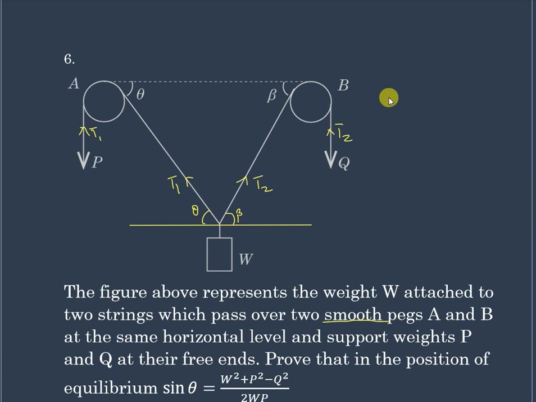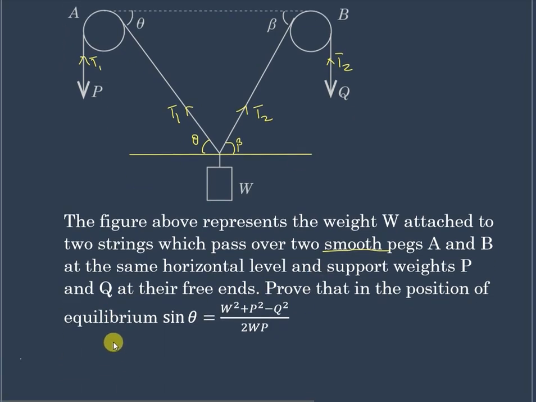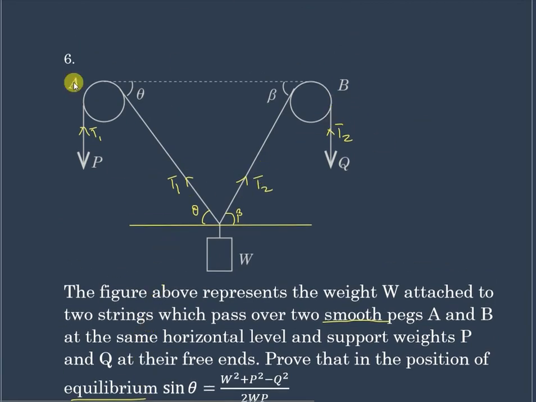And then another thing which they told us is that this is in equilibrium. If this system is in equilibrium, it means that there is no tendency of anything to be moving around. So there is no resultant force at any point.